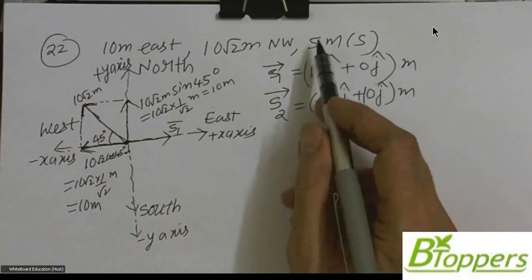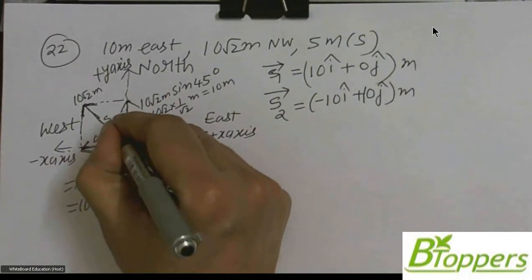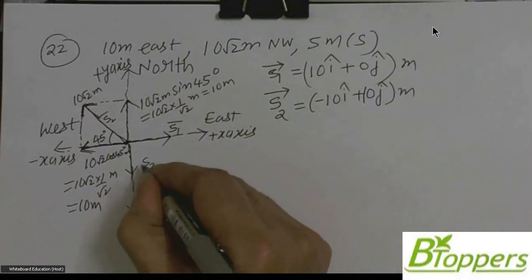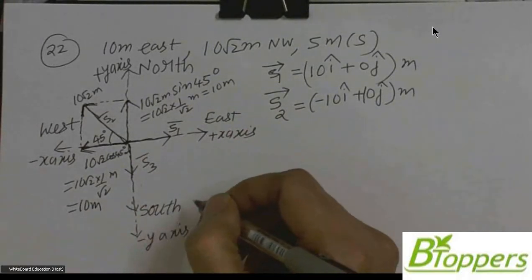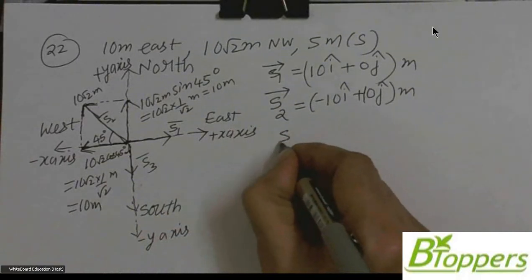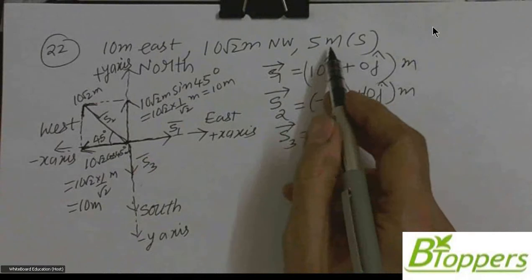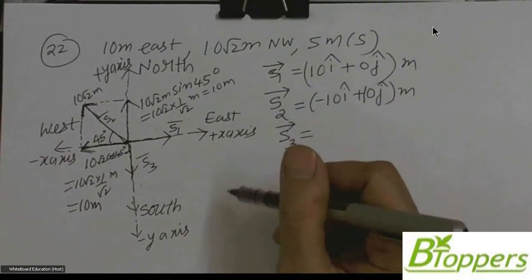The third displacement is 5 meter towards south. Let S3 bar denote the third displacement vector, which is directed horizontally towards south. It has a magnitude of 5 meter and is directed along the negative y-axis.